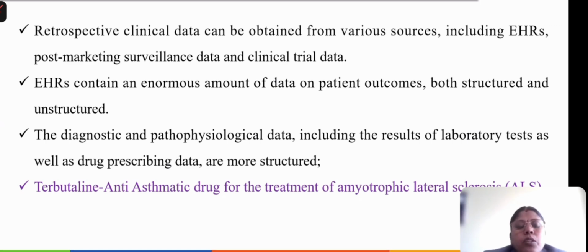The diagnostic and pathophysiological data, including the results of laboratory tests as well as drug prescribing data, are more structured, while it also has some unstructured data. So from this you can do some statistical analysis and data analysis, then you can find out some drugs. Okay, so one such drug is terbutaline. It's a well-known anti-asthmatic drug which is used for the treatment of ALS, that is amyotrophic lateral sclerosis.